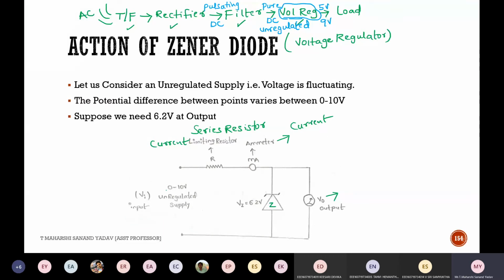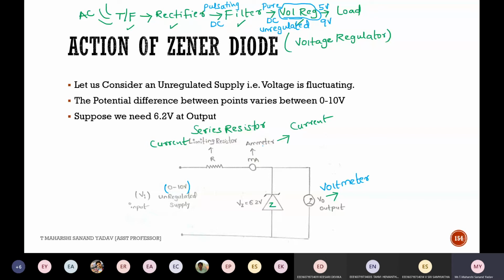In the example, the input is unregulated voltage in the range of 0 to 10 volt. Here I'm connecting the Zener diode, and in parallel to it a voltmeter, used to measure the voltage.